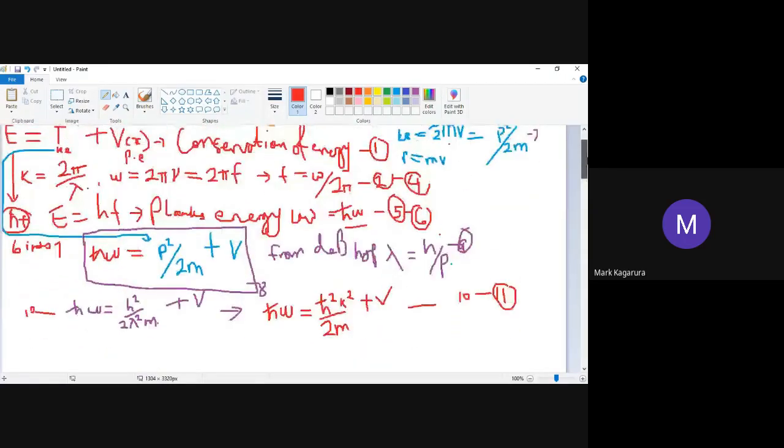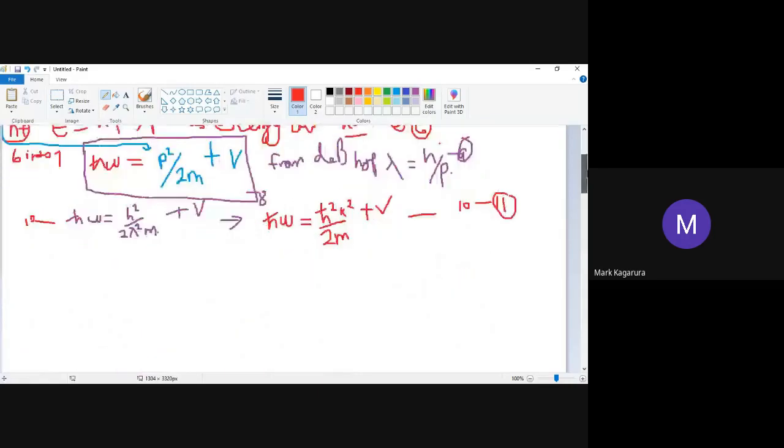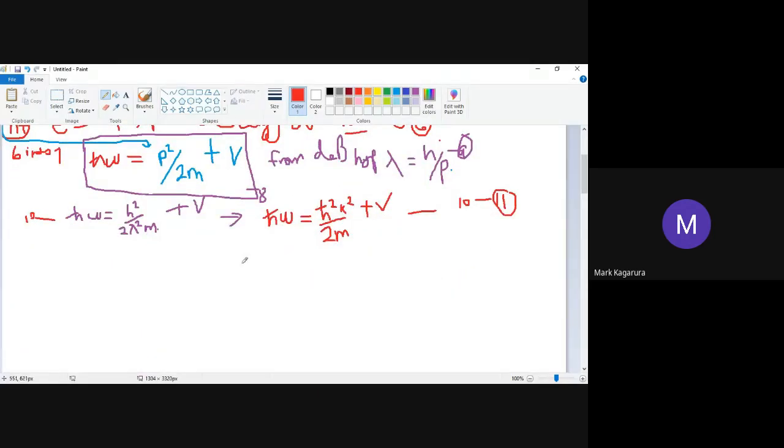And so we have this equation, and then we have the wave function. So let's contrast the wave function here. Psi is equal to A e to the j into (kx minus omega t).